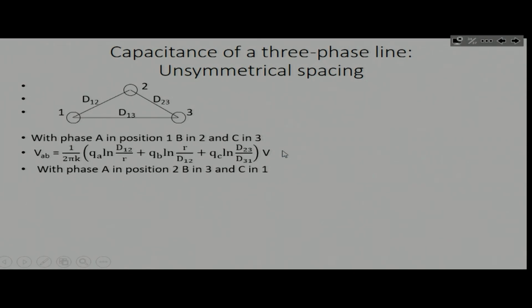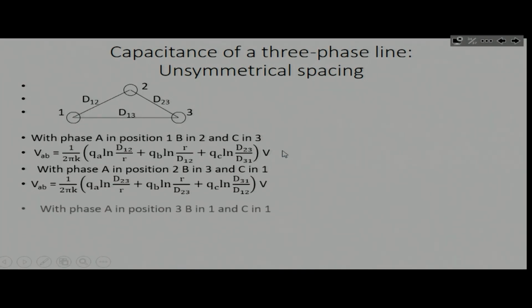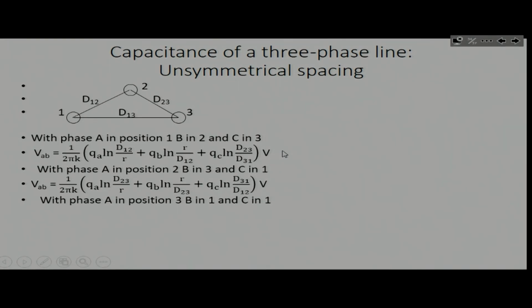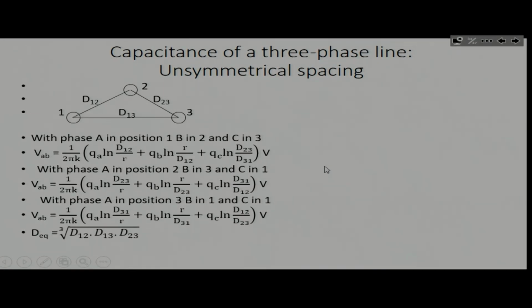And now if we change the position of A, we get that, and if we change it again to position 3, that will be the equation. As said before, the equivalent distance is the cube root of D12 times D13 times D23.